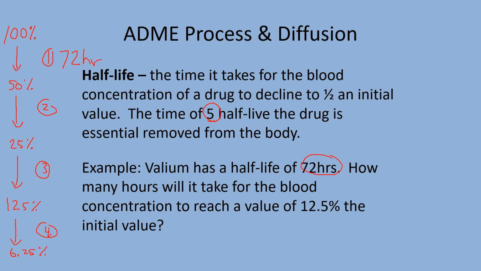So going from 50% to 25%, how long did that take? Another 72 hours. And to go to 12.5%, it took another 72 hours. So 72 plus 72 plus 72 is a long time.